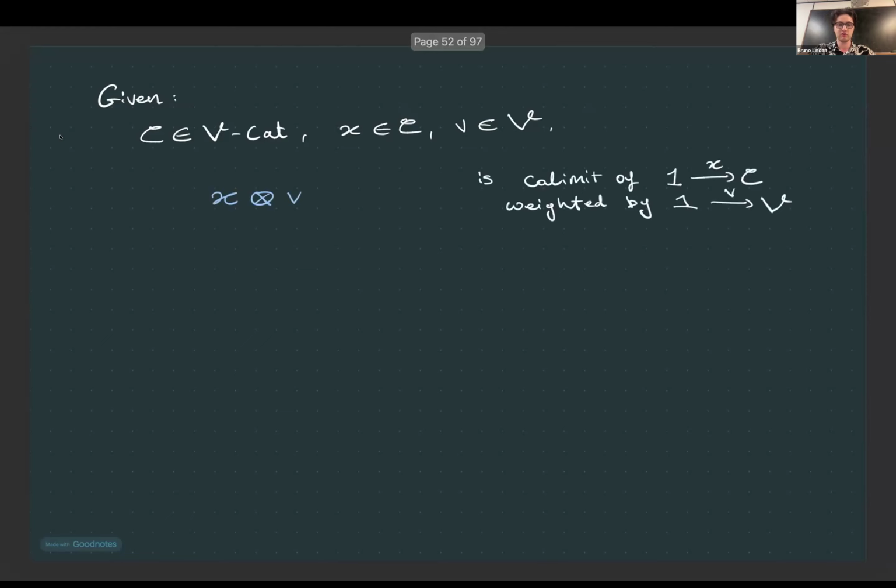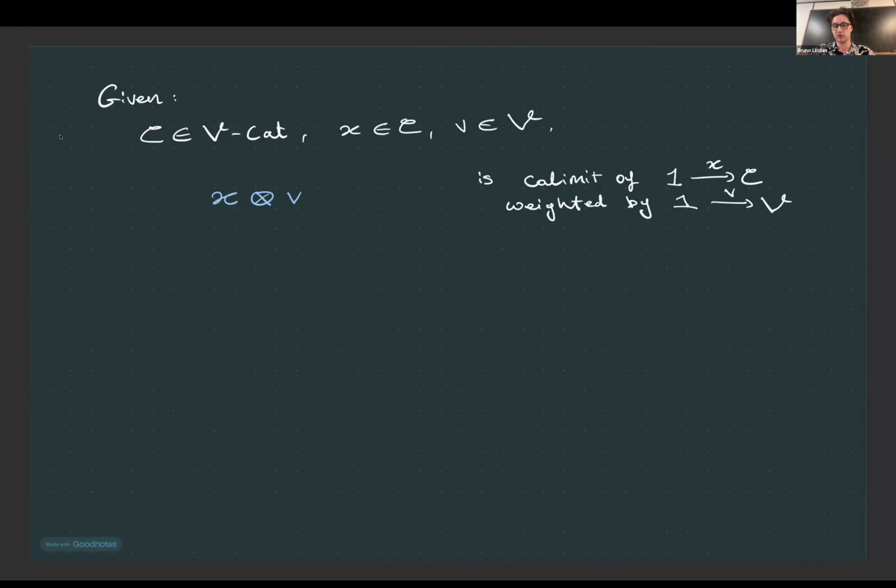But just to type check what's going on, we're starting with an object, in this case, V is a monoidal category. I'm starting with an object in a V enriched category, and I'm picking an object of V, that's going to be the thing I tensor by, and I produce another object of C. And if you know about how weighted colimits work, then the definition is just there on the right.